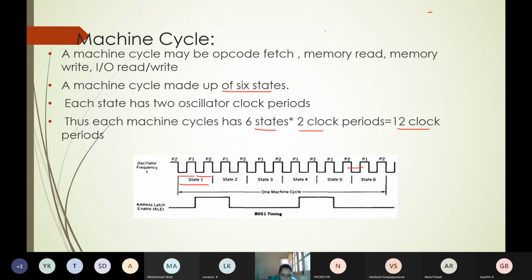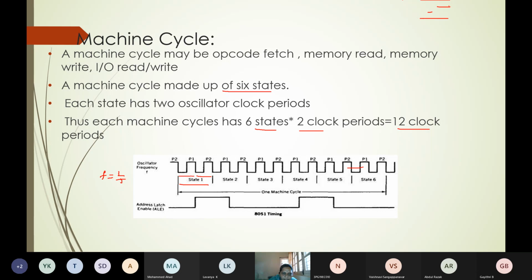You know that whenever we talk about frequency, frequency is equal to 1 by t, 1 by the time period.